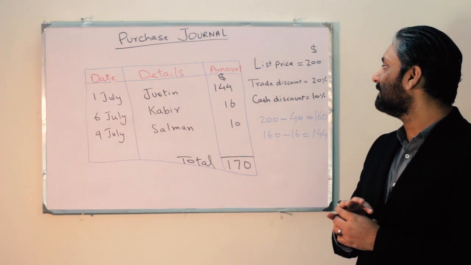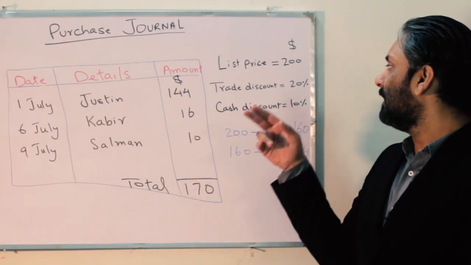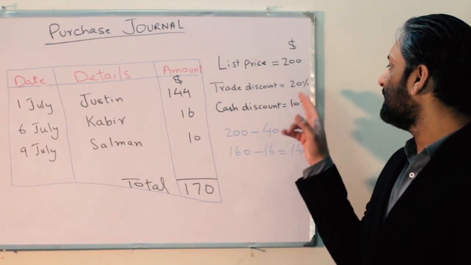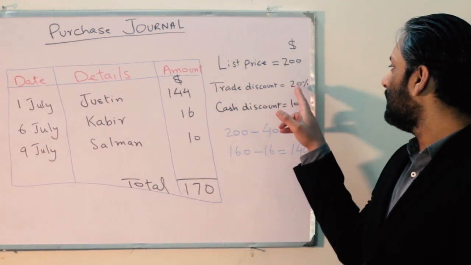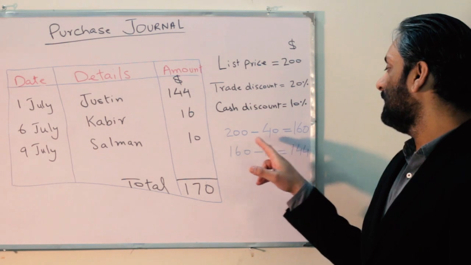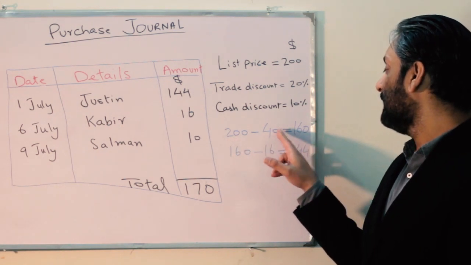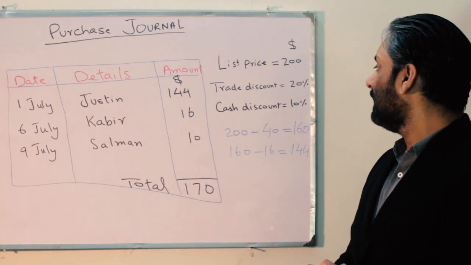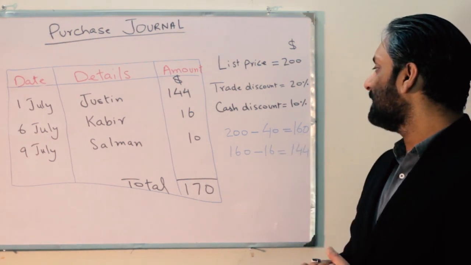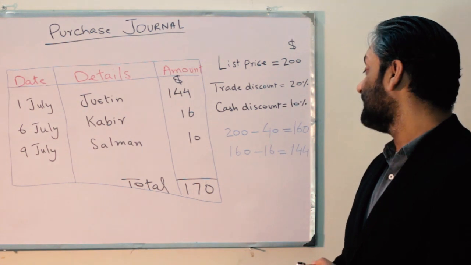Similarly, the calculation we discussed in the sales journal is going to take place in an identical way. Now, the list price is 200, the trade discount is 20%, and the cash discount is 10%. 20% of 200 is 40, so 200 minus 40 is 160. After subtracting the trade discount, we get the value which is being charged to us as purchases.